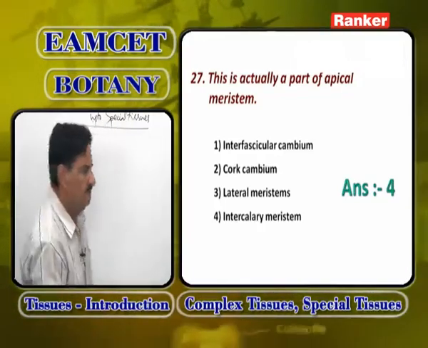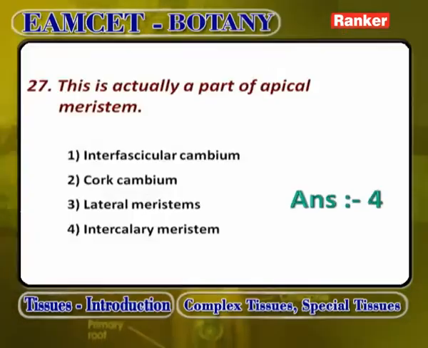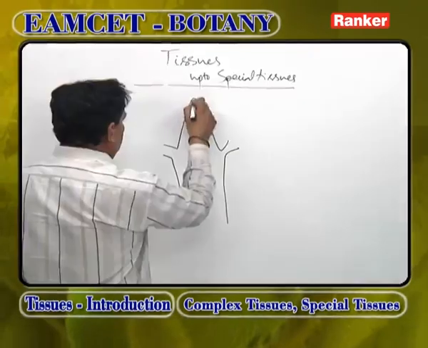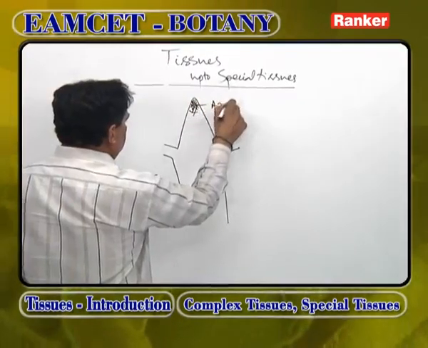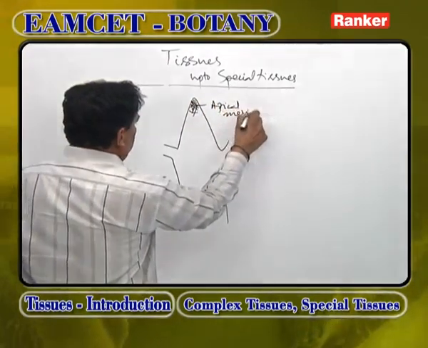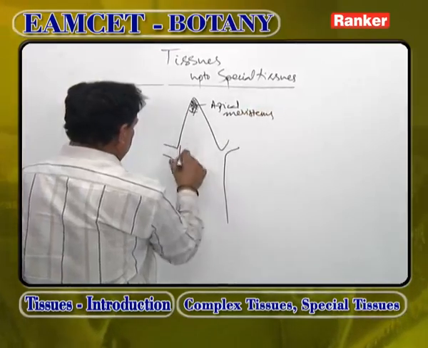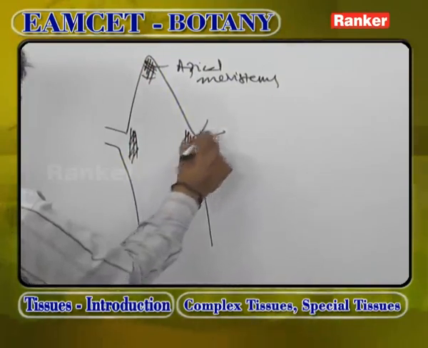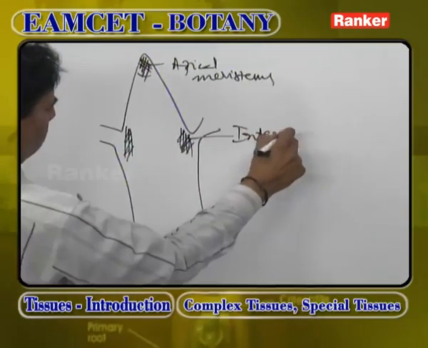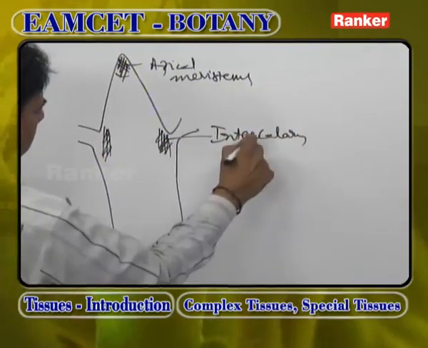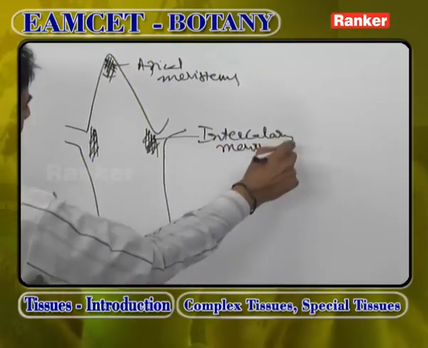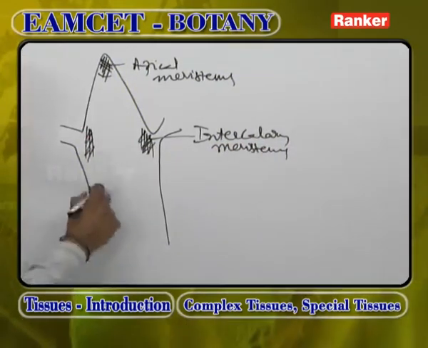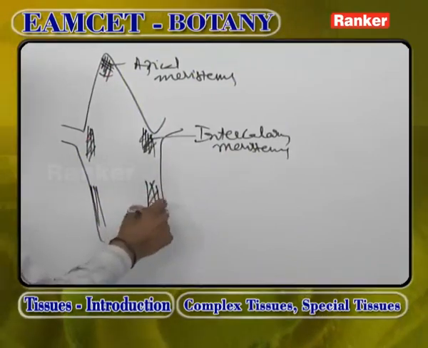Intercalary meristems. In a plant, meristems are identified like this. These are apical meristems. These are lateral meristems present on the lateral sides.